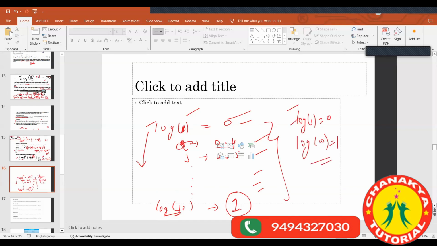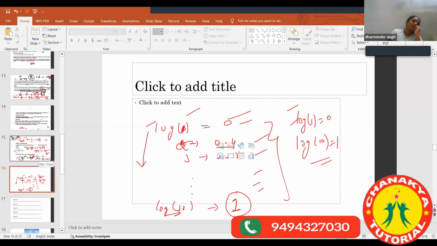Got it? And log 20 is like 2? That is a good question actually. Log 20 will not be exactly 2. It will be around 1.3, I think, about 1.34. You cannot calculate like that. If log 1 is 0 and log 10 is 1, log 20 will not be 2.